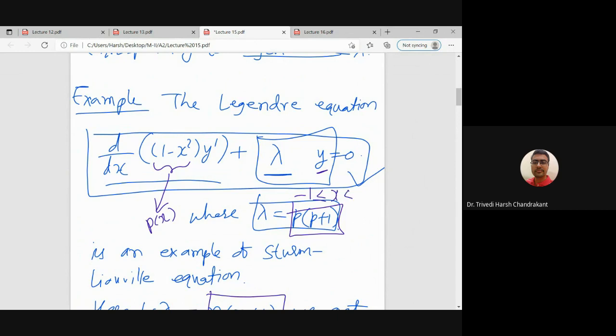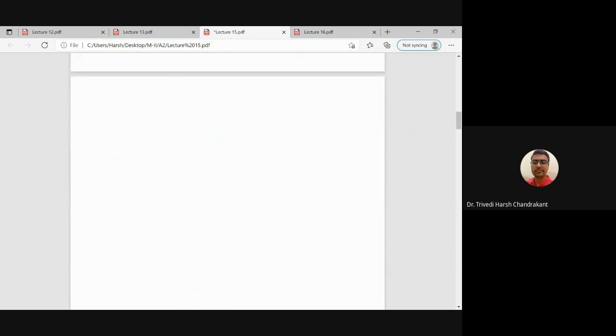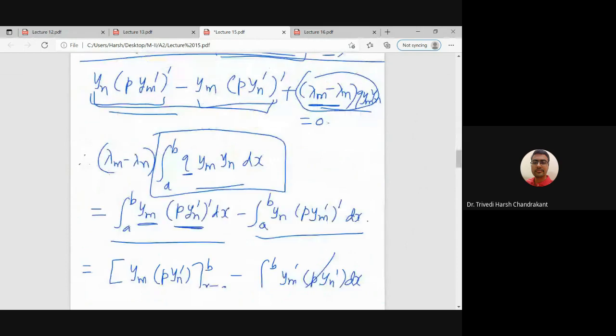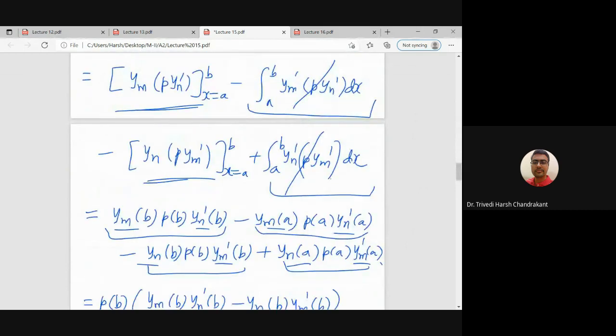At minus 1 it is 0, and at 1 it is also 0. So p(a) is 0 and p(b) is 0, and therefore we get the orthogonality of the Legendre polynomials using this general computation.